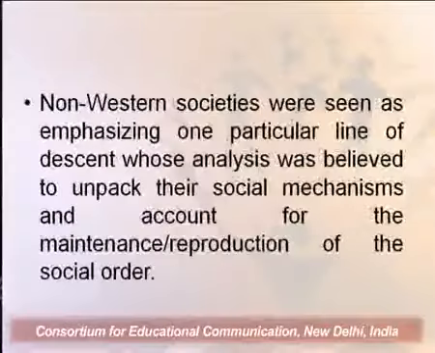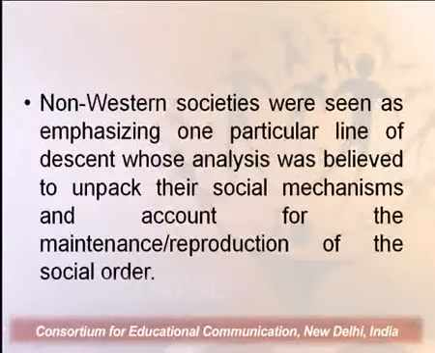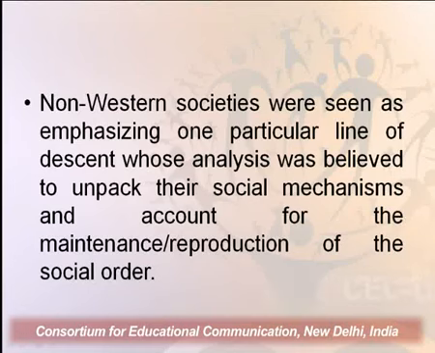Now, when we look into non-Western society, which is considered to be the more simple society, the emphasis was on a particular line of descent whose analysis was believed to unpack the social mechanism and account for the maintenance and reproduction of social order. So, the entire order or structure of the society was dependent on how people recognize their kin relations and what kind of significance was given to these relations.